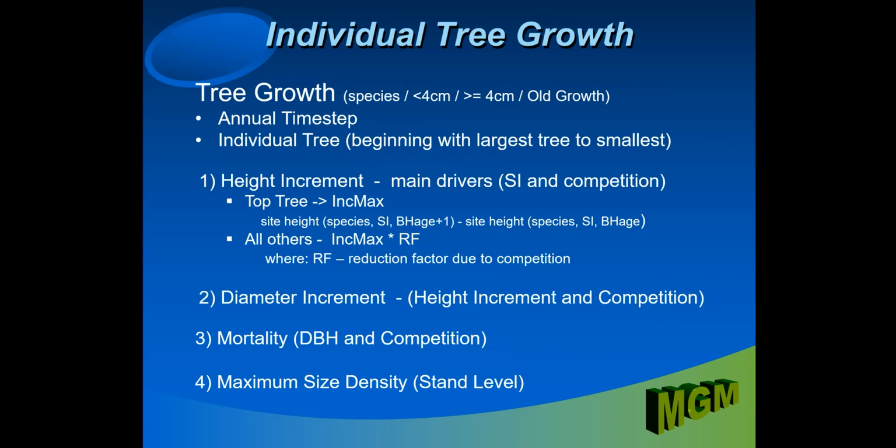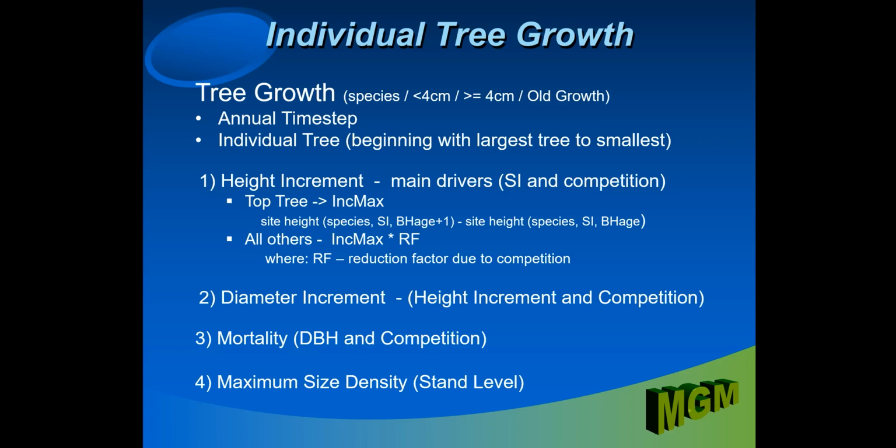So in MGM, growth is based on species, and then we split up the growing functions into less than 4 centimeters, greater than or equal to 4 centimeters, and old growth. You can't narrow it down to one style of function for each of those categories. It varies because every species has different growth trajectories, so we split them up, and all of them, even within those categories, are different.